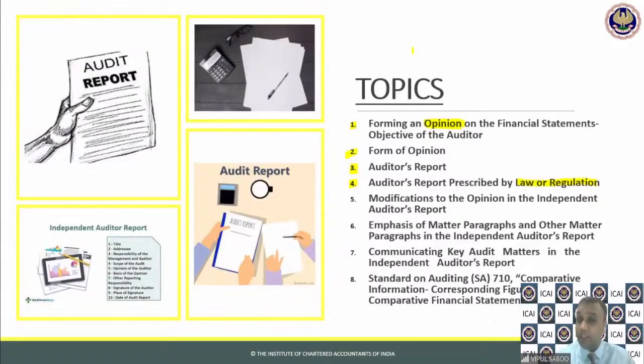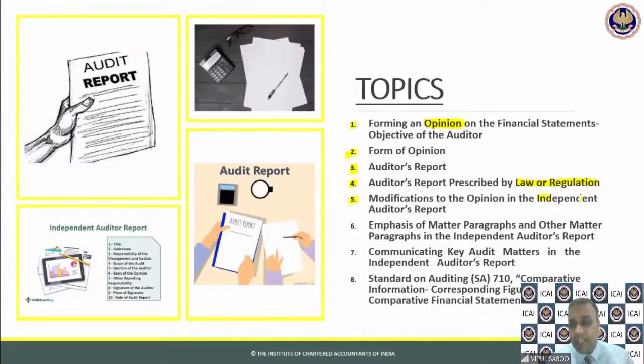The law governing the banking institution will lay out a structure of the audit report as well. So there could be different laws which might lay out a different structure, a layout, a form of audit report as well. So that is also covered. After your common audit report, the independent audit report, there is any audit report prescribed by any other law or regulation. The fifth part, modifications to the opinion in the independent audit.